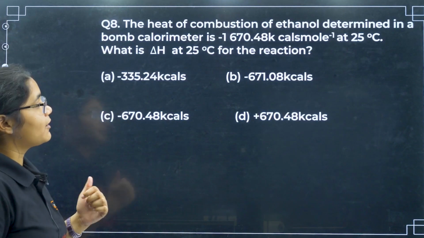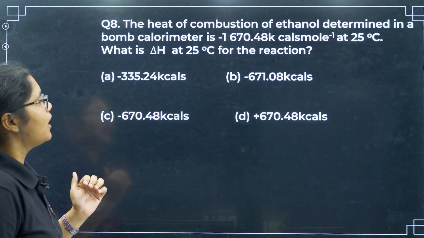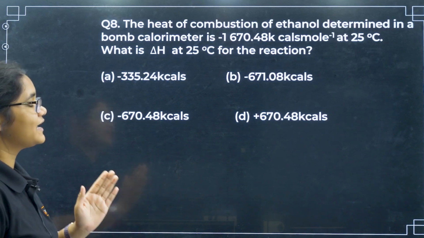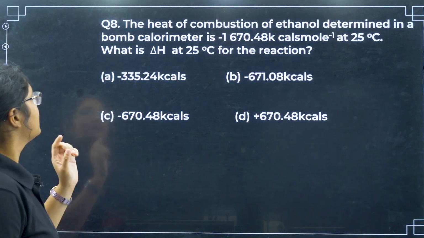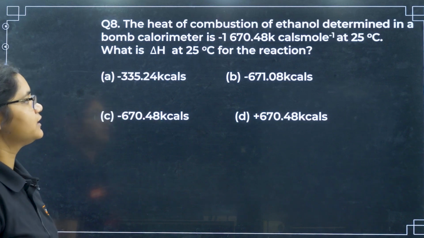Next, the heat of combustion of ethanol determined in a bomb calorimeter is minus 670.48 kilocalorie per mole at 25 degrees Celsius. What is the delta H for the given reaction?